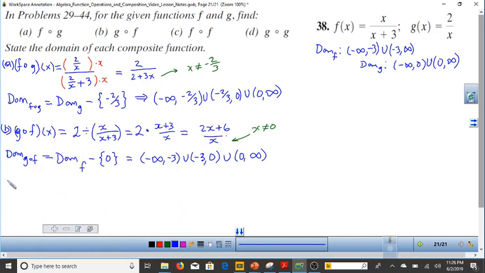Now let's talk about part C, f of f of x. So basically, we're replacing all our x's with x over x plus 3. Makes it a little bit tedious.